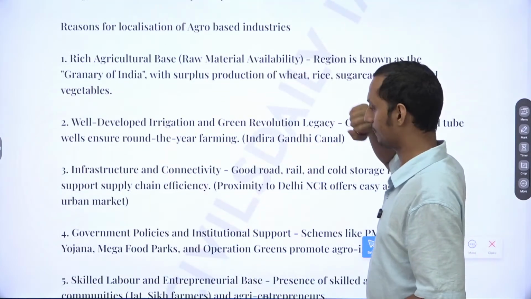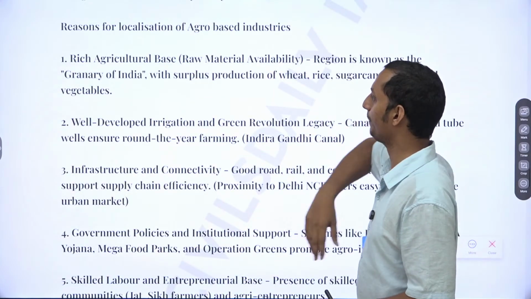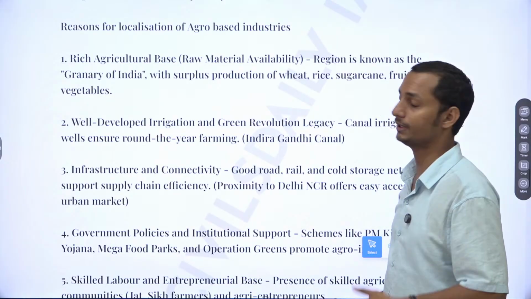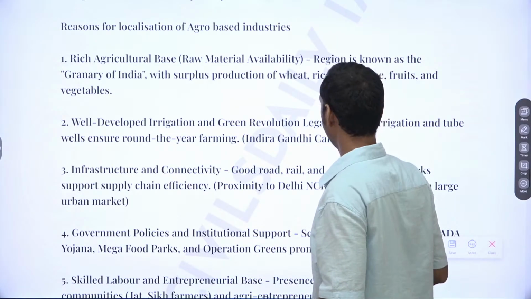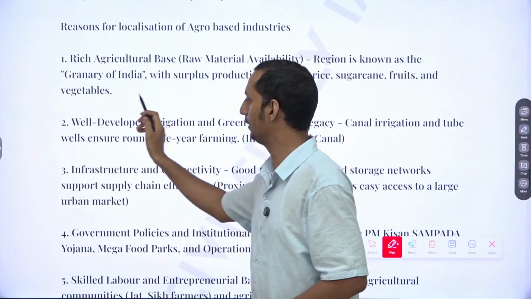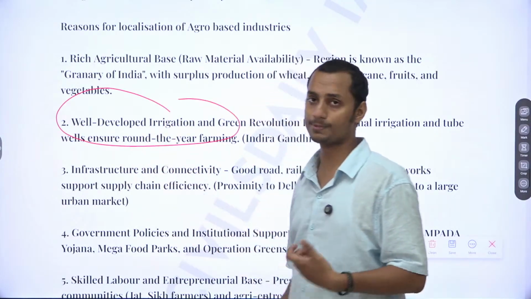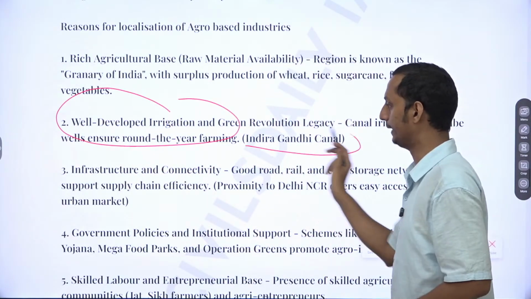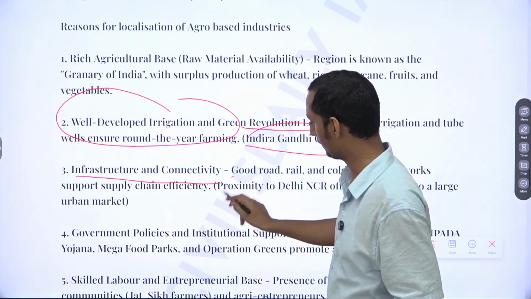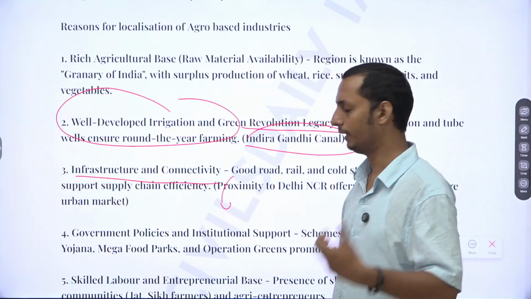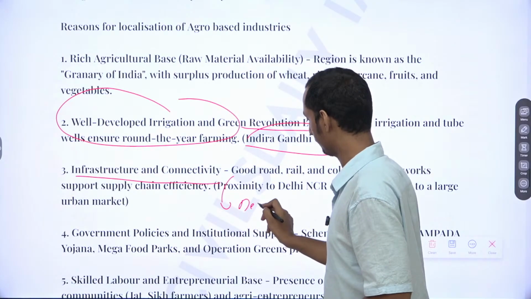Now, what are the reasons? You can mention the rich agriculture base, raw material availability, the granary of India. You can mention the well-developed irrigation. You can mention the different dams, or the Indira Gandhi Canal. You can mention infrastructure and connectivity, such as the dedicated freight corridors, right?